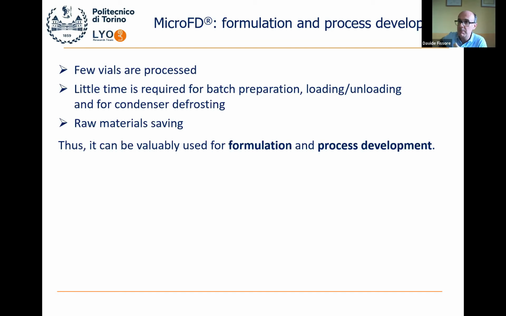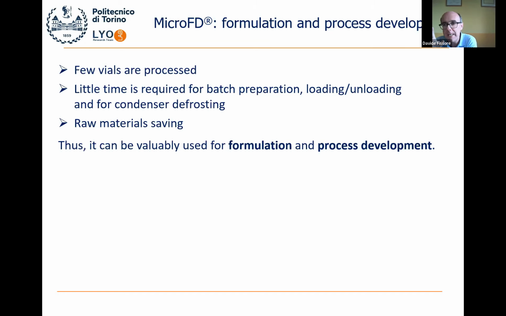But there is a second important issue that has to be taken into account, and that MicroFD allows you to explore. It's the problem of process transfer, or process scale-up. As I told you before, in all cases you carry out experiments in a pilot scale unit in your lab, and then you need to move to a manufacturing scale.